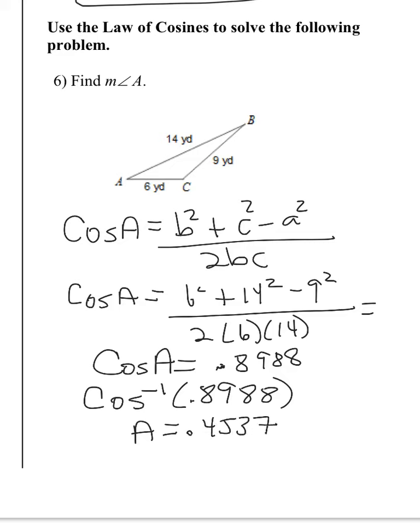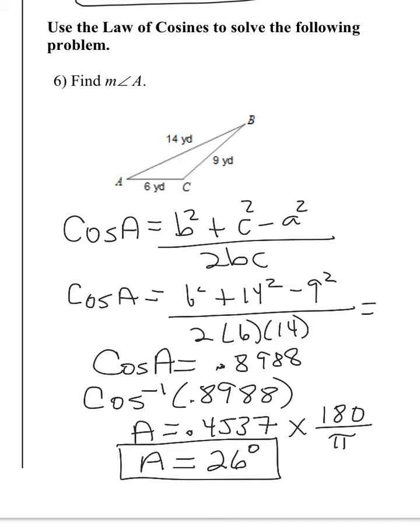Well, this is a radian. If your calculator's in radian mode, then it's going to give you the answer in radians. If we want the answer in degrees, then we need to take the radian, multiply times 180 over pi, and that will give us the degrees. In this case, the degrees are 26, approximately. So A is approximately 26 degrees.